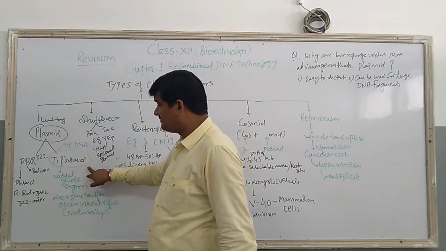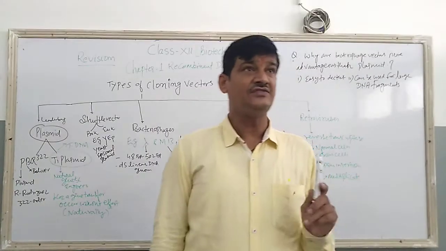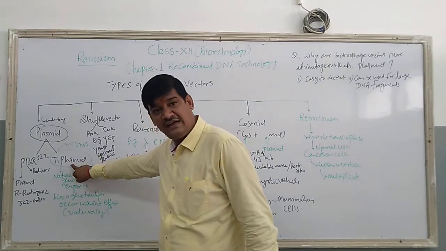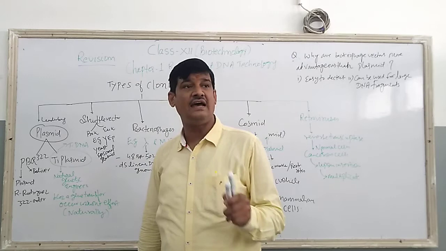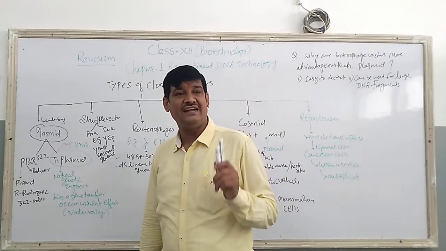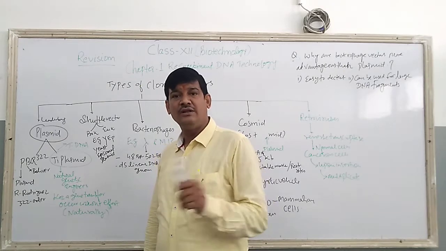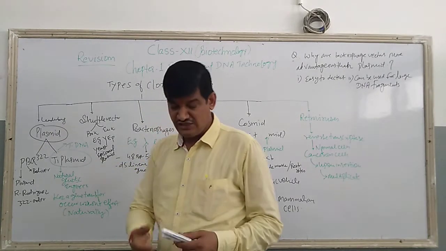Now come to the second plasmid, that we call the Ti plasmid. T stands for tumor, I stands for inducing. So this plasmid is the tumor inducing plasmid because it has its own DNA that we call tDNA, transfer DNA or tumor inducing DNA. It is called a natural genetic engineer.